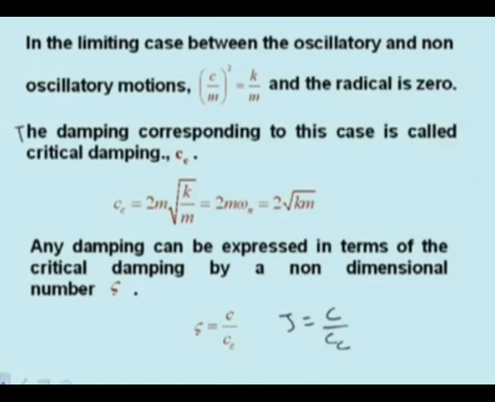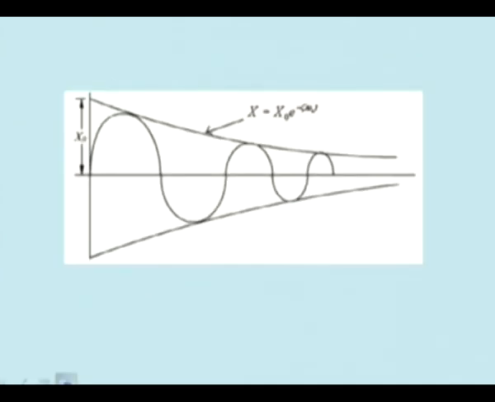Now in this case, if there is 0 damping, zeta is 0, then x is equal to x0, that means the amplitude remains constant.